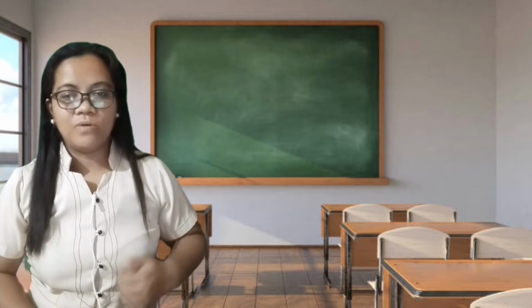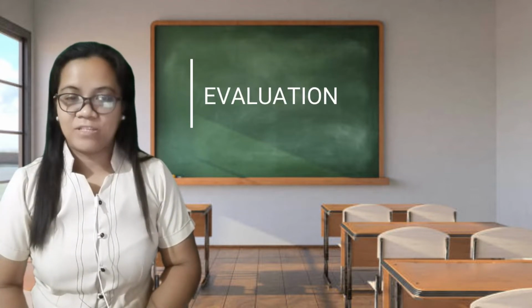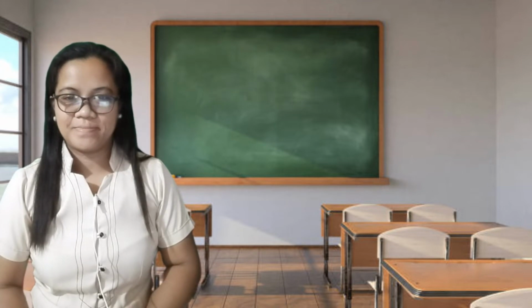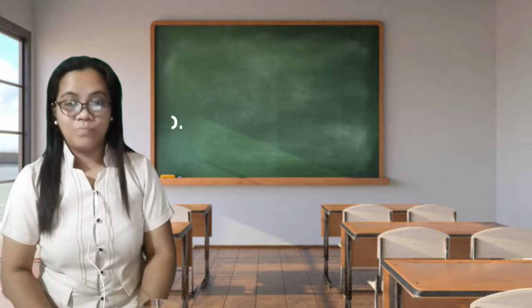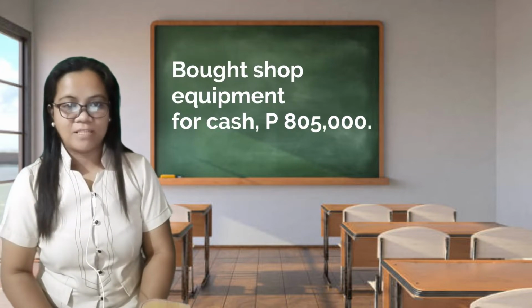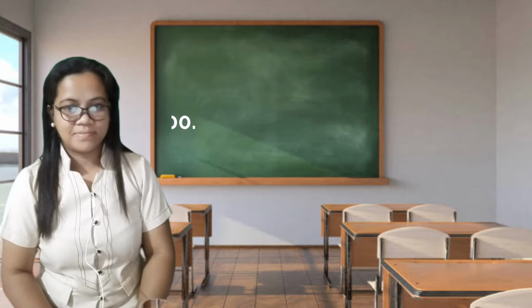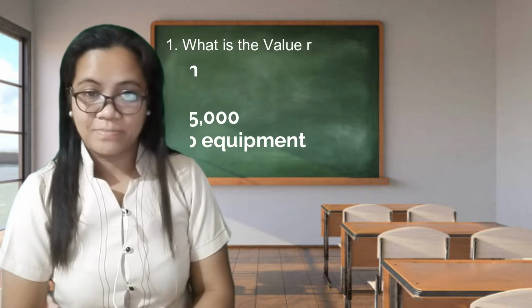And now let's move on with our evaluation. Just read the question carefully and choose the letter of your choice. The transaction is bought shop equipment for cash worth 805,000 pesos. Number 1 question. What is the value received?